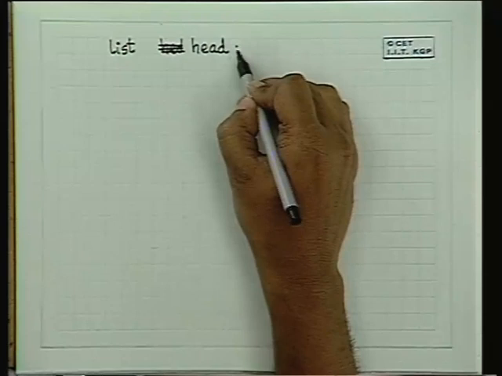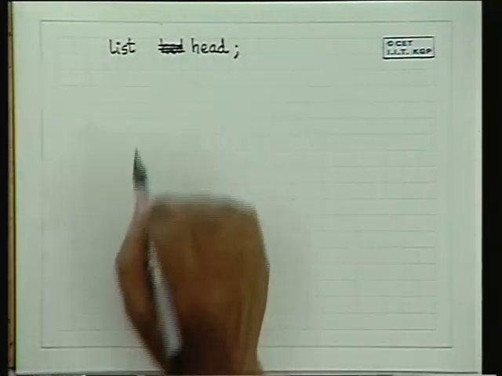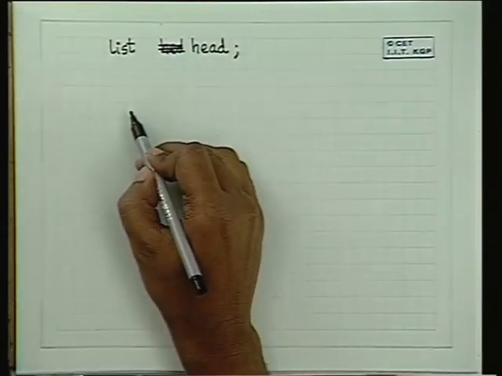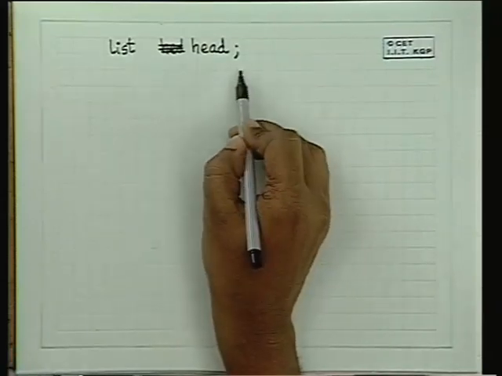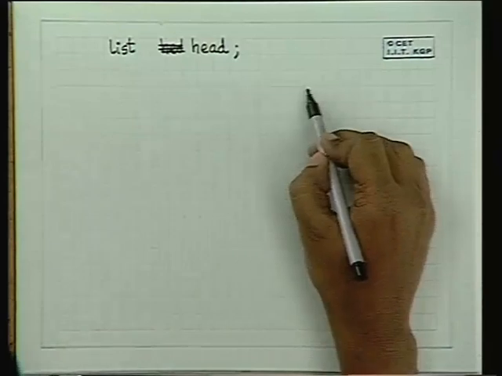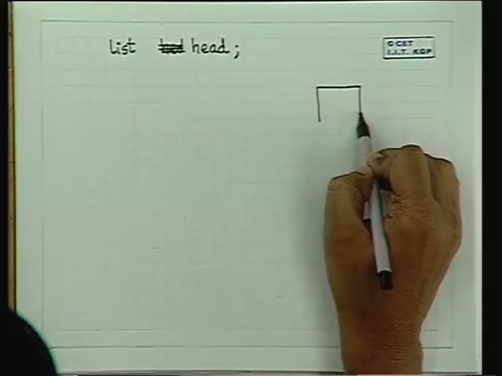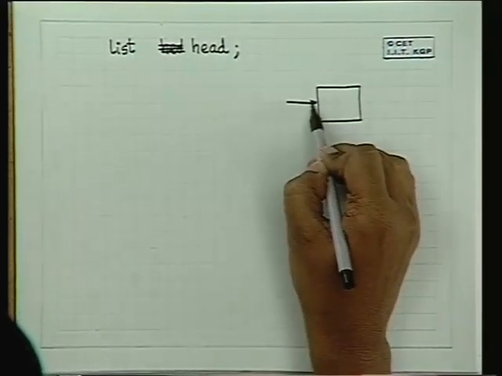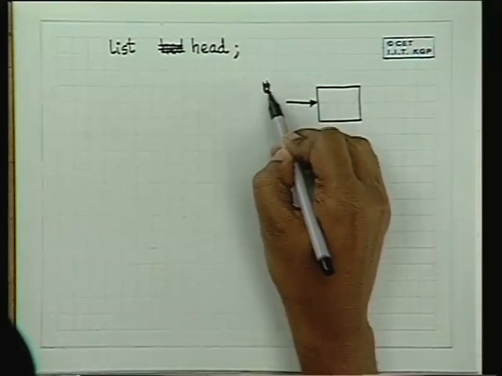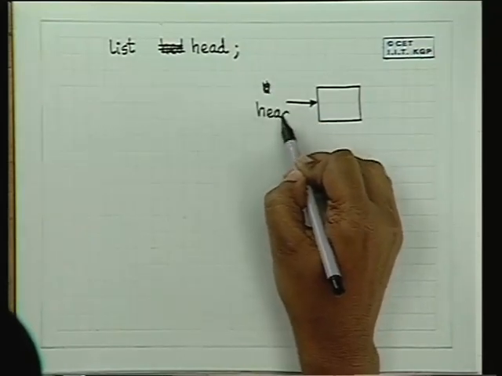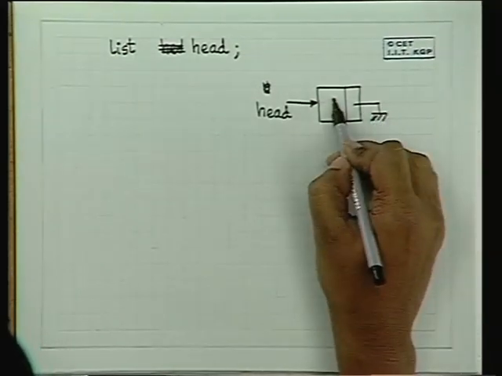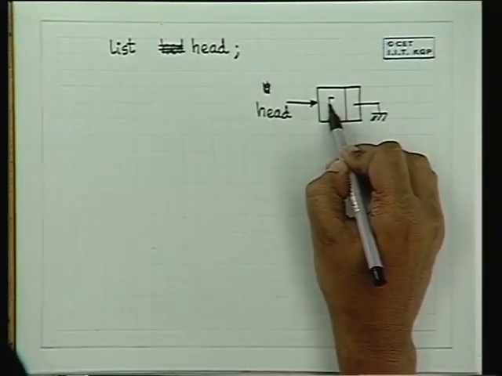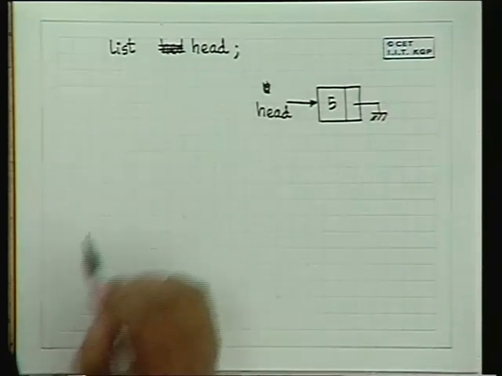Okay. And in the beginning, when the first element is read, what will we do? We will allocate one element for head of a list. So to allocate an element like this, where this points to head and this will be grounded, and you will read in your first data here, say 5, whatever is read in will be read in like this.